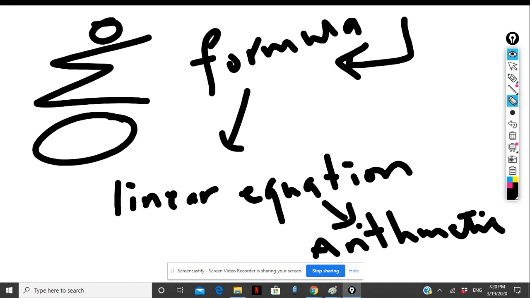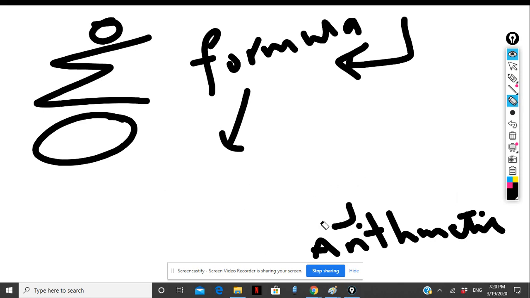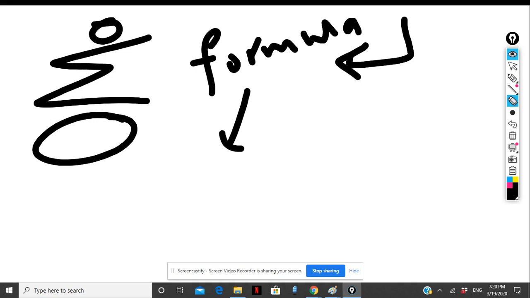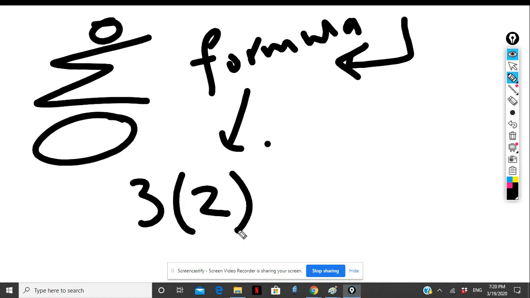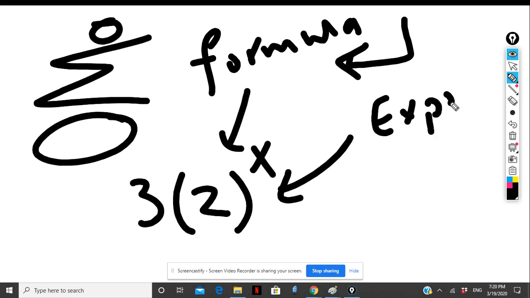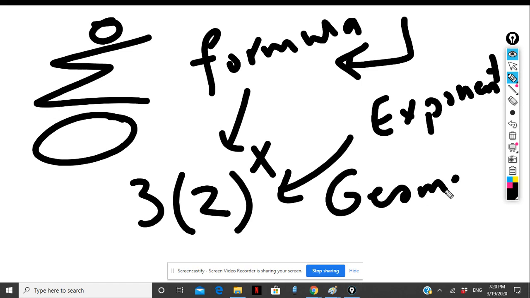But what if I have an exponential equation? Like for example, 3 times 2 to the power x. That's an exponential one. So I'm going to have a geometric sequence.